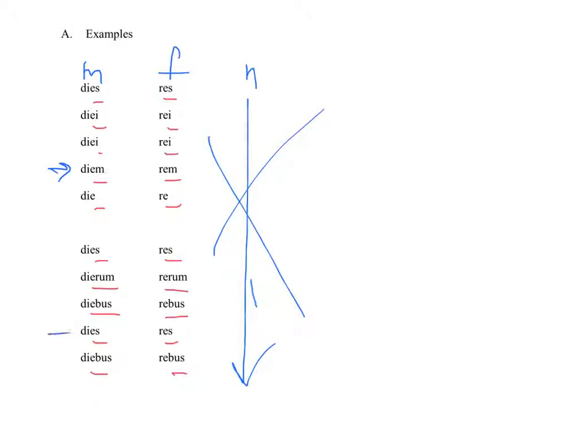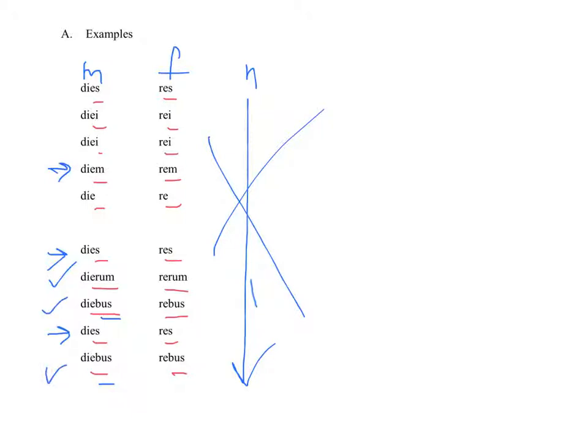You have the ES as the sign of the accusative plural and as the sign of the nominative plural. You have RUM in the genitive plural for both the masculine and the feminine forms. You have BUS, although it's not IBUS, it is BUS as the ending for the dative and the ablative.